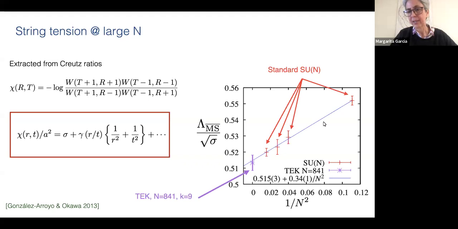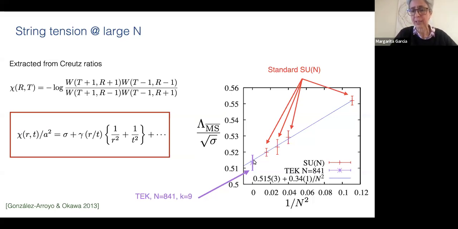You can see here values obtained in standard lattices simulated with standard n, okay? And this is the result obtained with TEK for n equals 149, k equals 41, which, as you see, is perfectly compatible with the large n extrapolation of the standard approach, okay?